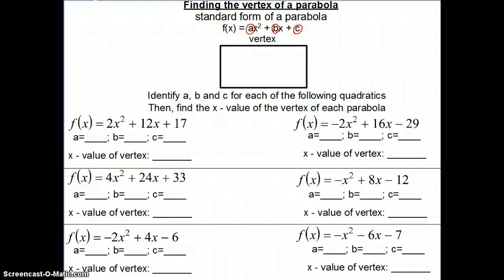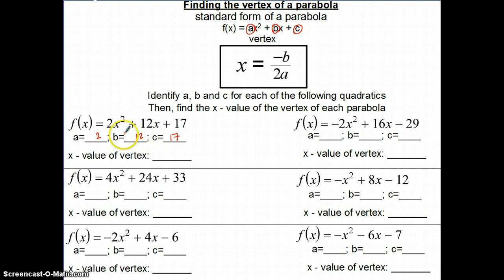Knowing this, we can identify the x value of the vertex using the following formula: x equals -b over 2a. So in the following 6 examples, we're going to first identify your a, b, and c, and then find the x value of that vertex. Here my a value is 2, my b value is 12, my c value is 17.